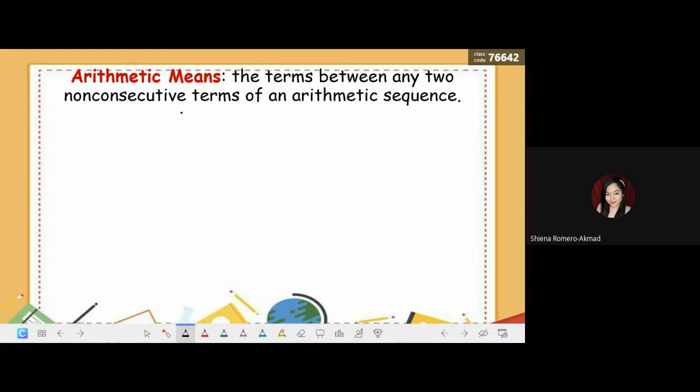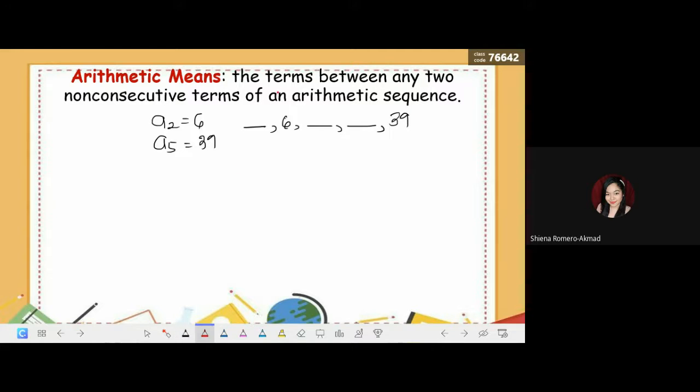So, sulat ko lang. Kanina, may example tayo, a sub 2 is 6, a sub 5 is 39. So, ano yung arithmetic means between these two terms? We have a sub 2, so ibig sabihin meron tayong second term, meron tayong first term, third, fourth, fifth term, which is 39.